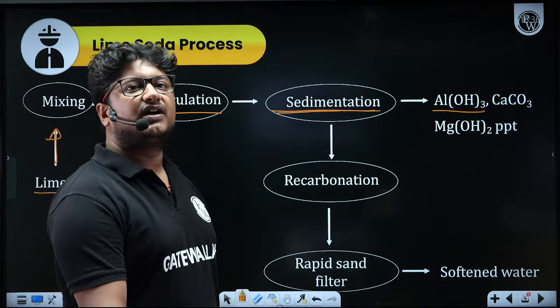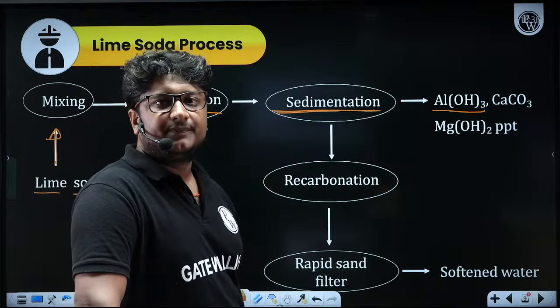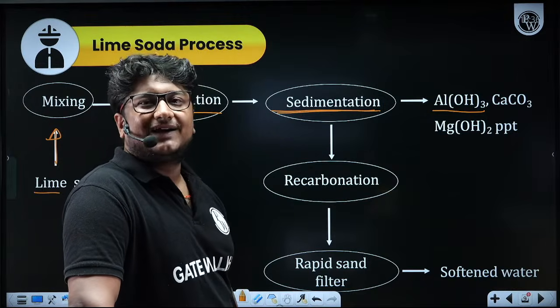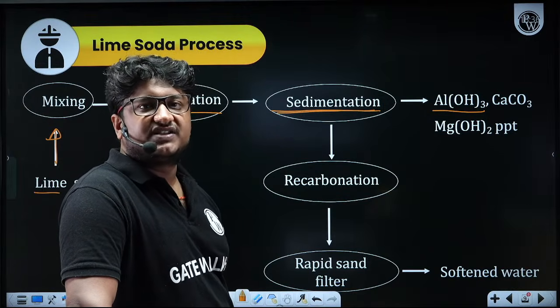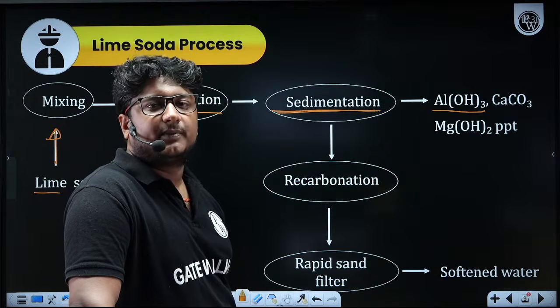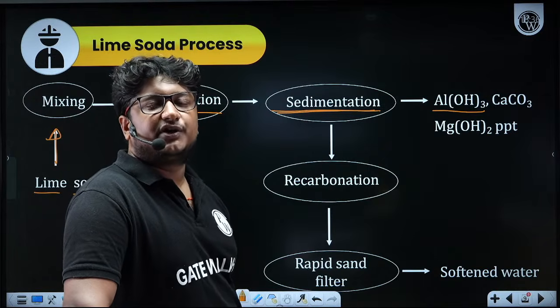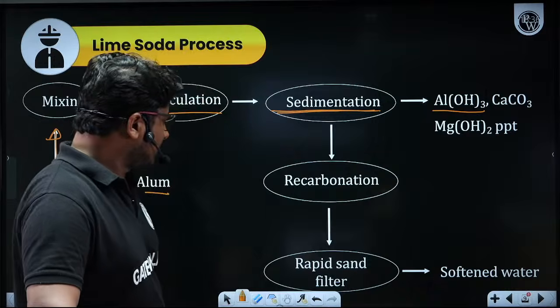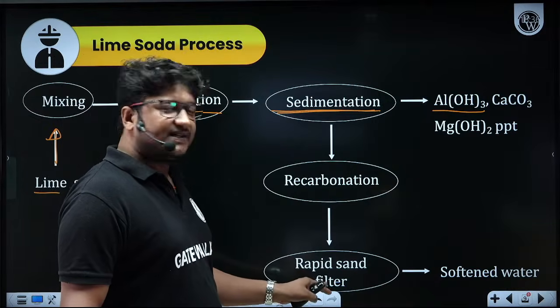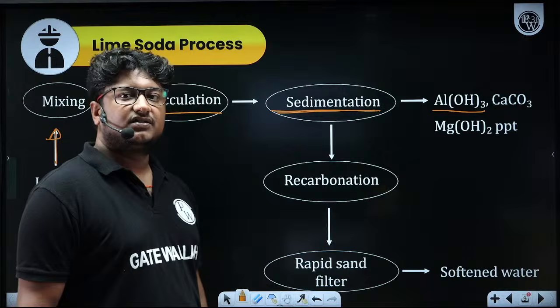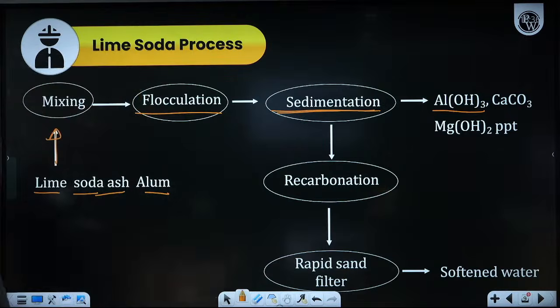Basically, you want to convert the calcium carbonate which remains in precipitate form into calcium bicarbonate. After that it goes into the rapid sand filter, and then you get the softened water. This is the complete lime soda process which I gave to you.